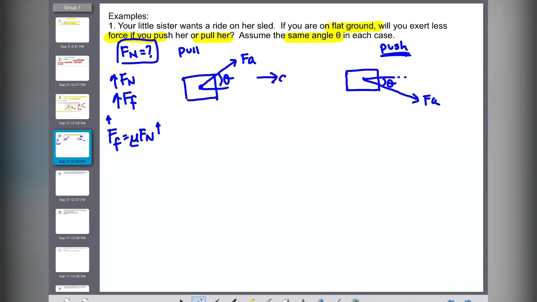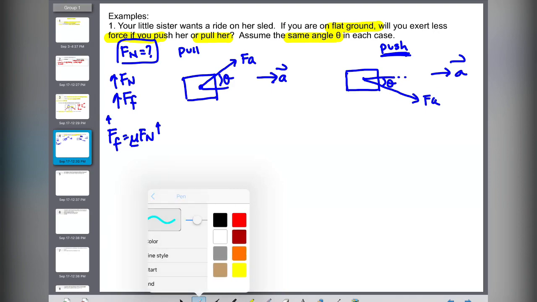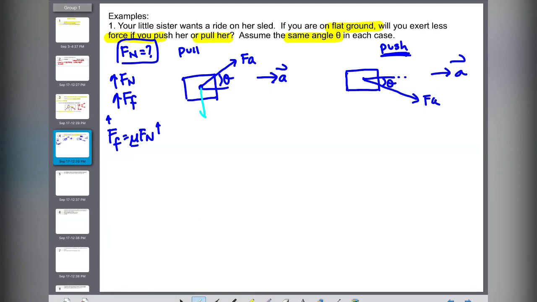Right now, the object is traveling to the right. It didn't tell you if it's accelerating or not, so I'm going to assume that it's accelerating towards the right. We're going to analyze the forces along the x and the y. Let's take a look at the y. I have force of gravity in both cases, and I have force of normal in both cases because the wagon is sitting on the ground. I have to break my applied force into its x and y components.